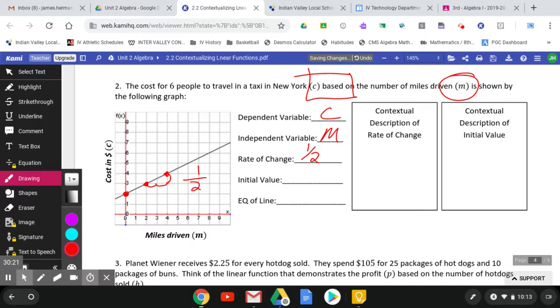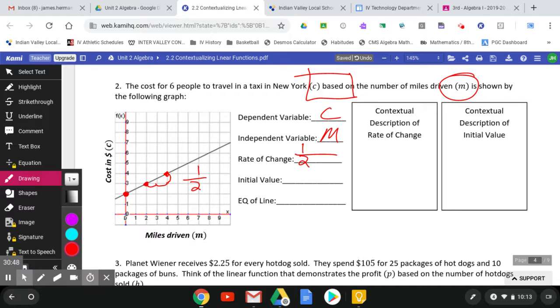Back to Ashley. 1 what? 1 what over 2 what? Sorry, I'm looking for my eraser. I don't like the way I wrote that. 1 over 2. Rise over run.